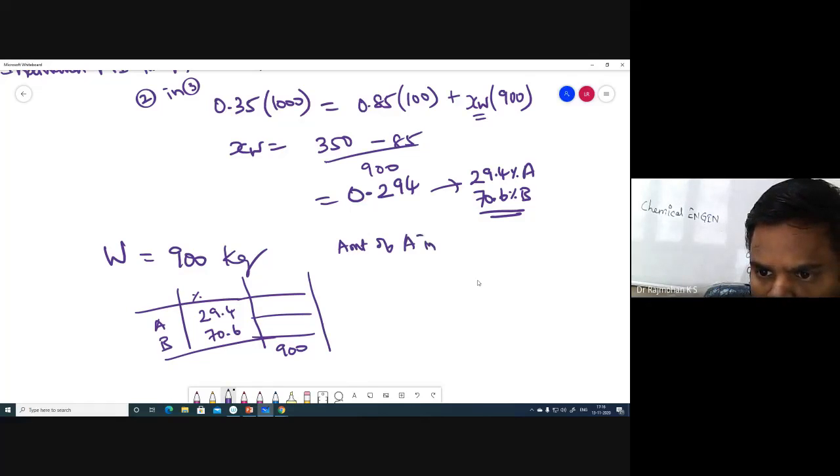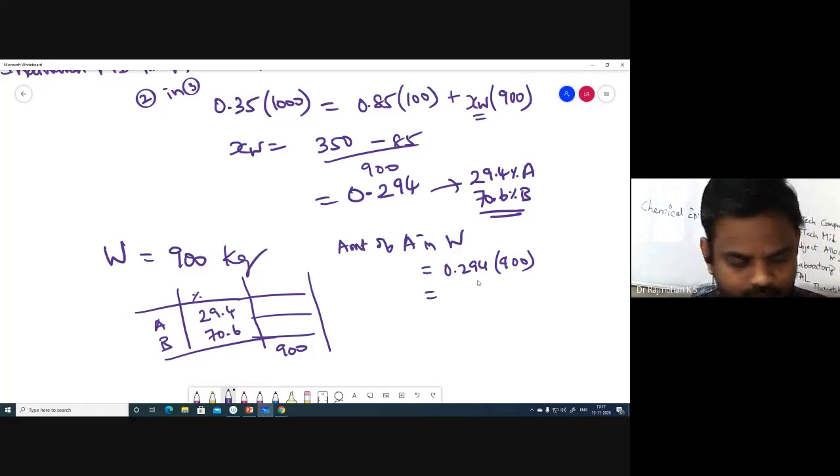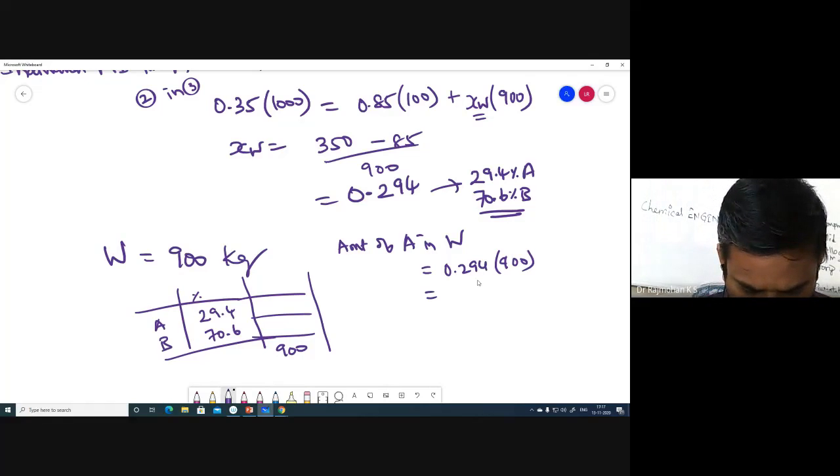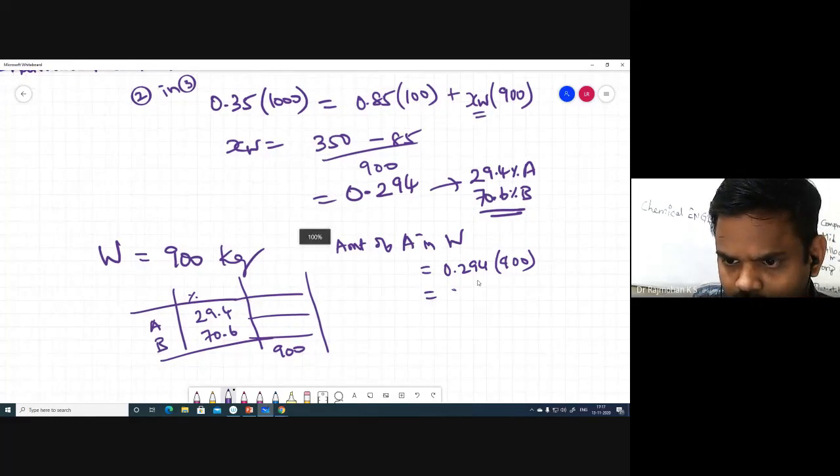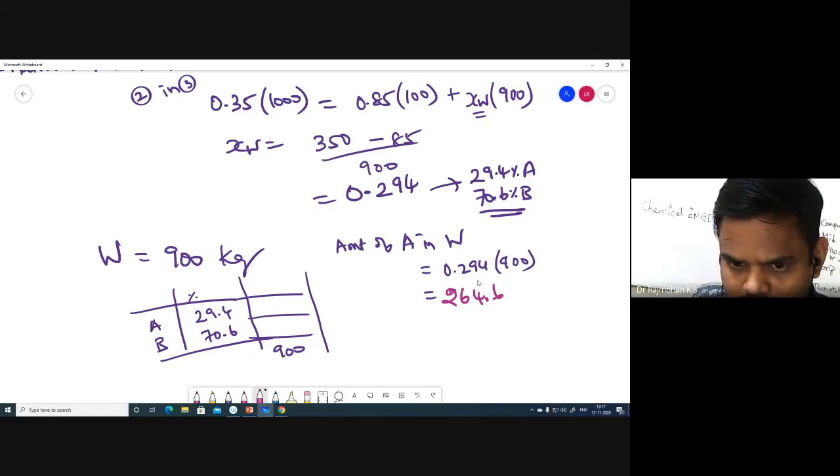Amount of A in W is equal to 0.294 into 900, which equals 264.6.